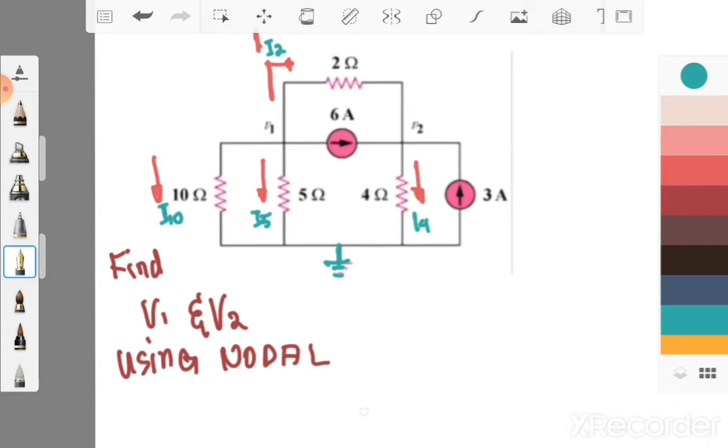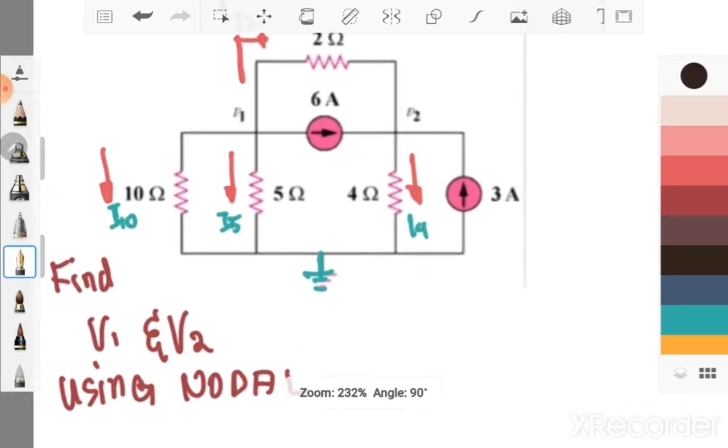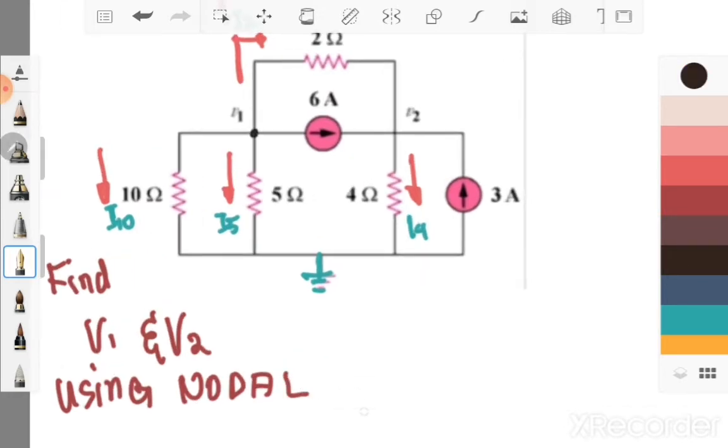Since sinatanong niya yung find V1 and V2, therefore, it is safe to say that I have 2 nodes, my V1 and V2. Okay? So, kung ilan yung nodes mo, yun din yung bilang ng equation na gagawin mo. Pag tatlo yung nodes mo, tatlong equation yung gagawin mo. Pag 4, 4. Pag 5, 5. The problem is that, di ba?